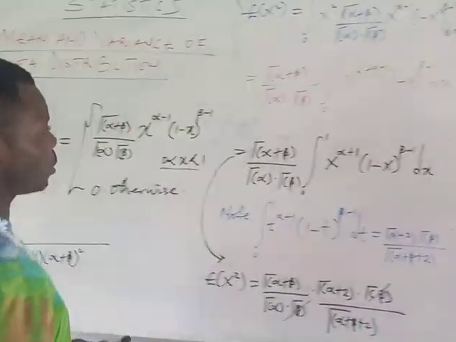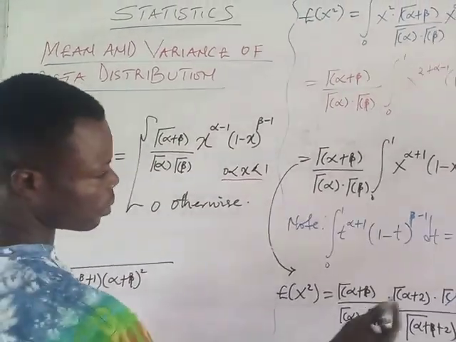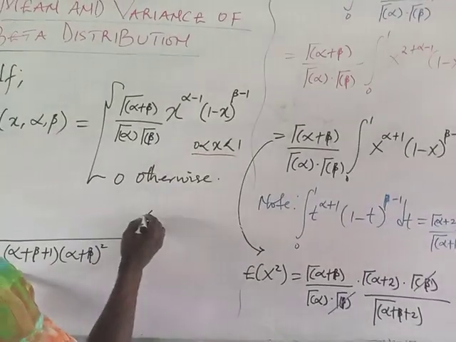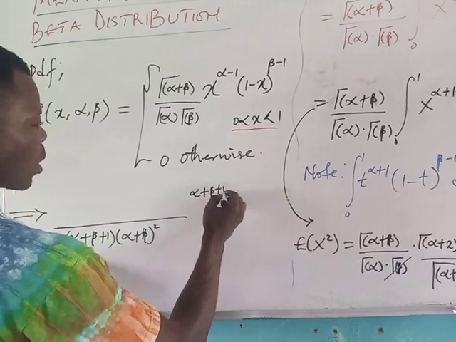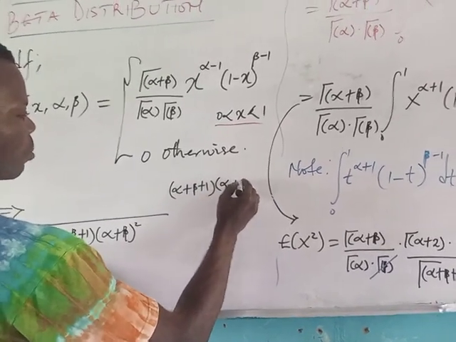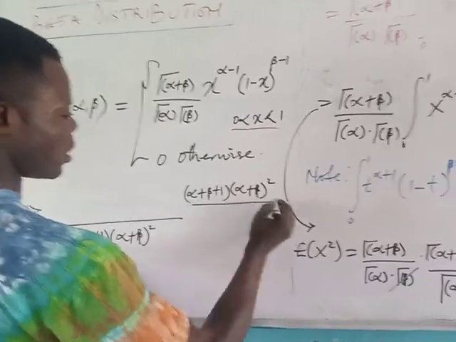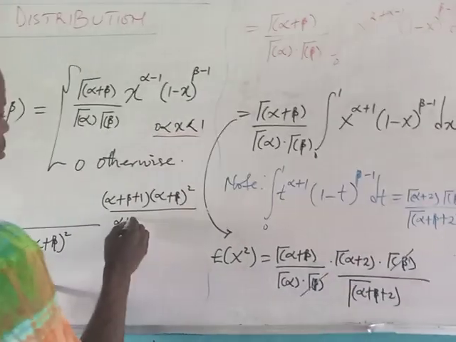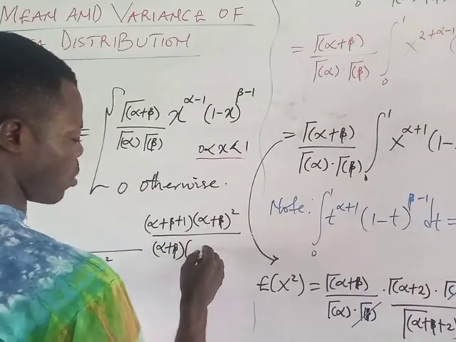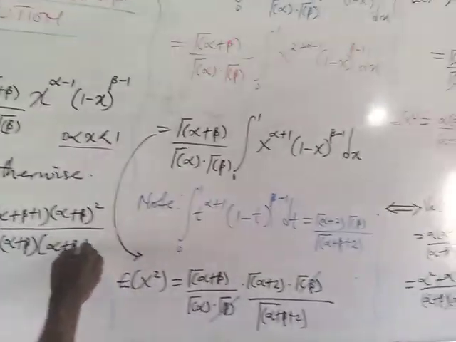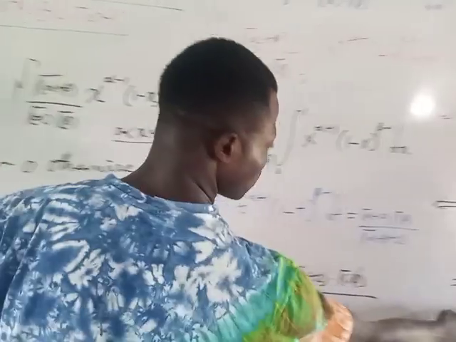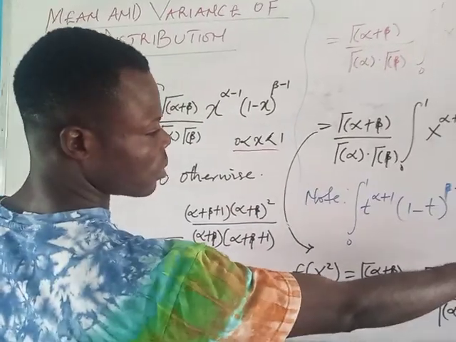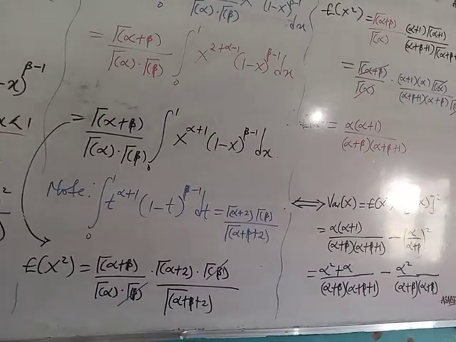It simply means when we say this goes in this, what we are saying is that it is alpha plus beta plus 1 into alpha plus beta all square divided by this, which is alpha plus beta into alpha plus beta plus 1. So that is what you mean by this goes in the LCM. That is the LCM divided by the first value at the denominator in the first fraction.